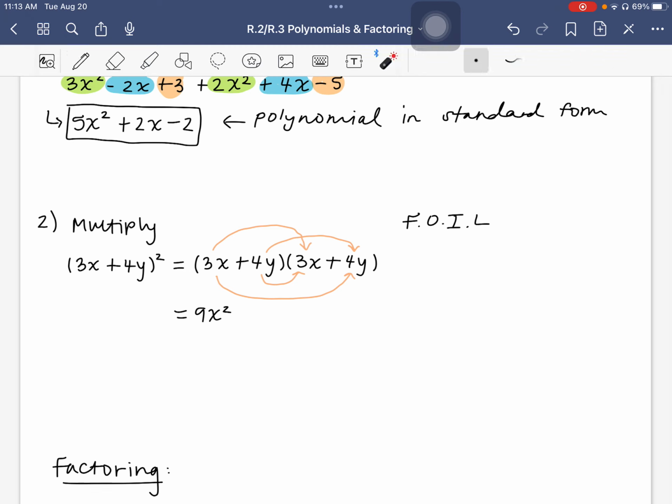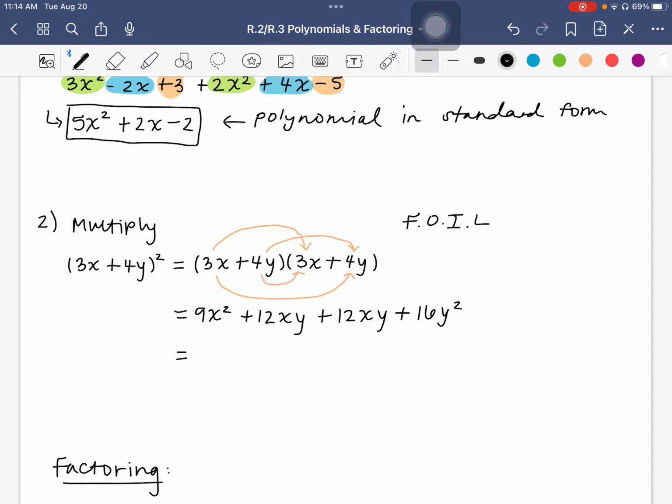Then we have our 3x times 4y, so that's 12xy. And we again have our 4y times our 3x, so that is another 12xy. And then our last terms are 4y times 4y, so we end up with 16y squared.